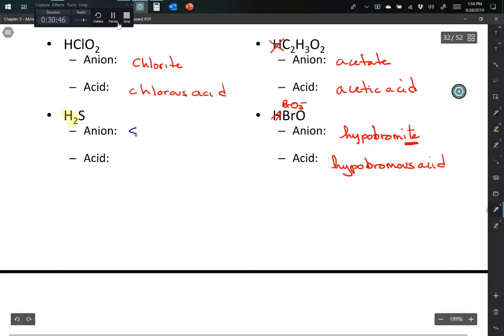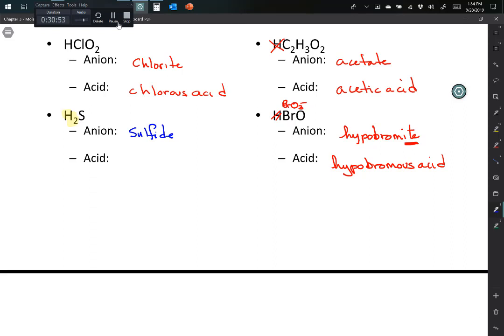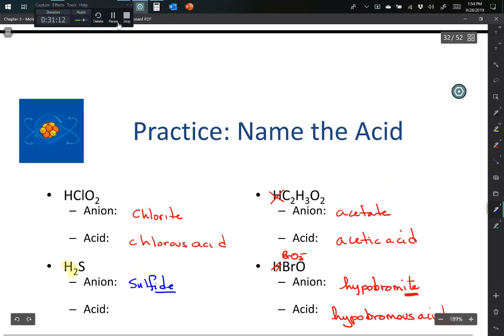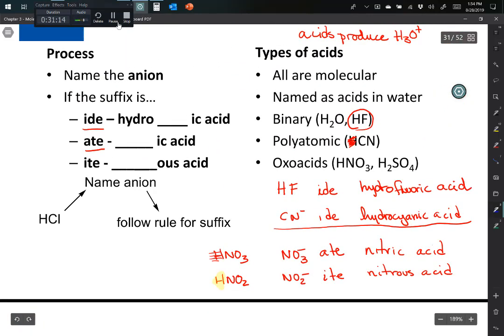Sulfide, right? Because it's just sulfur. Any monatomic ion ends in IDE. So you would think you put hydro and ic at the end.